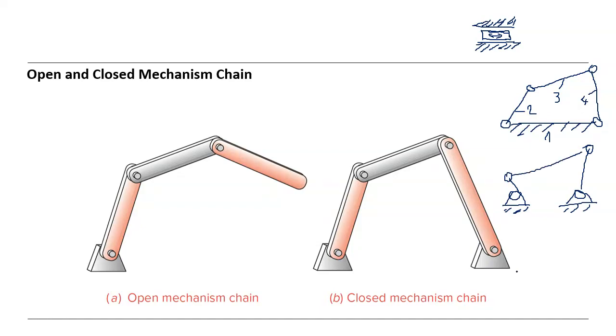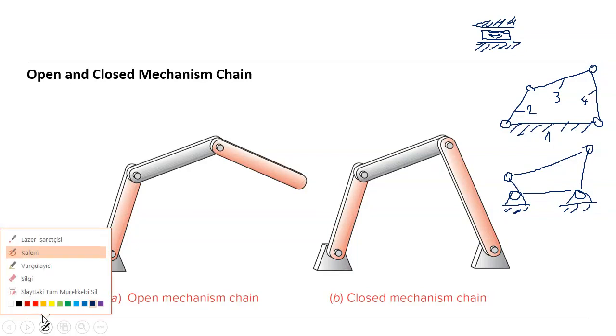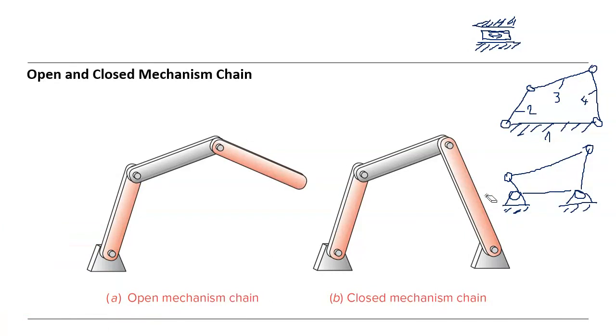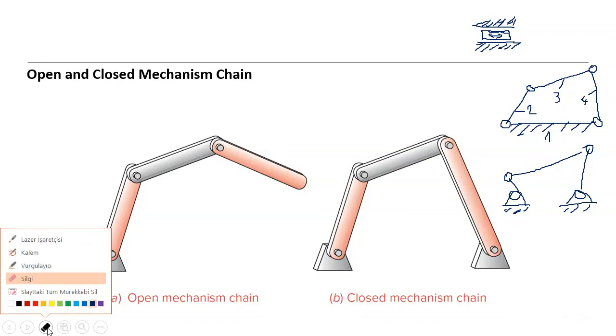That means member 1 is grounded, but we don't drive it. There is no need. In some literature, maybe you can see that they drive, but there is no need for that. So fixed means grounded.